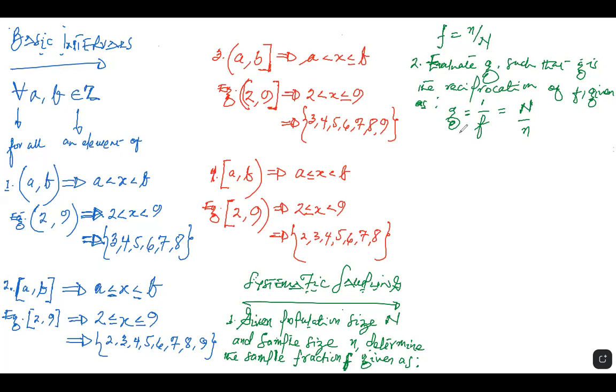Now, I believe all of you can understand how we move from 1 over f to big N over small n. This is very basic, from elementary math. So I'm hoping that I don't have to walk you through how that comes about.